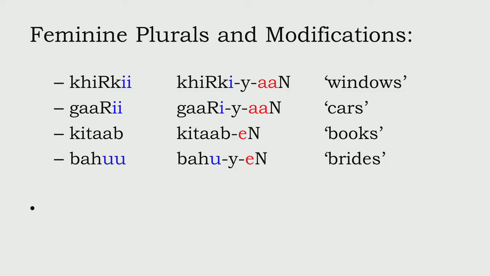So, look at the two examples like khidki and gaadi. They are marked on the screen with blue or purple, and you can see the shortening of vowels. In the words khidkiyan and gaadiyan, the vowel is becoming shorter. So, that is the first thing that happens, and this sets a stage for something being added, some additional part being added, and now you know how we can describe this additional part, and we can call it a morpheme.